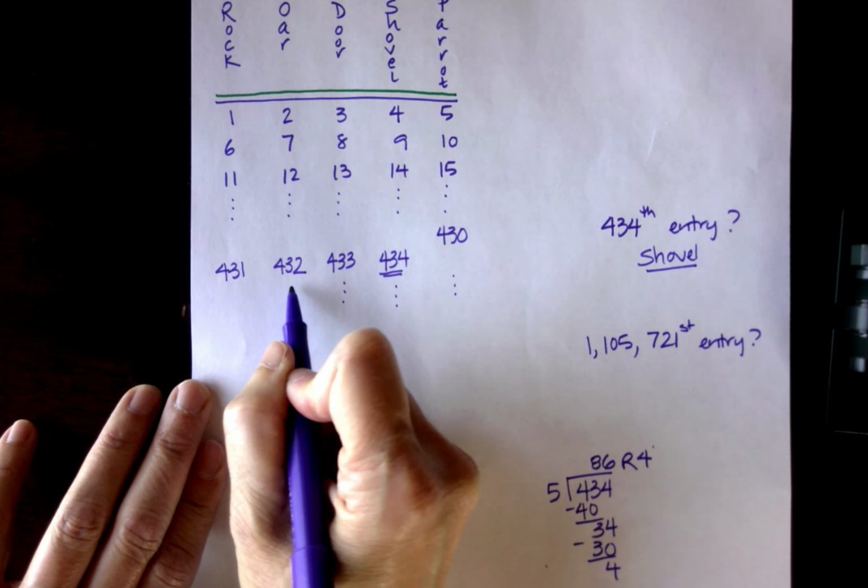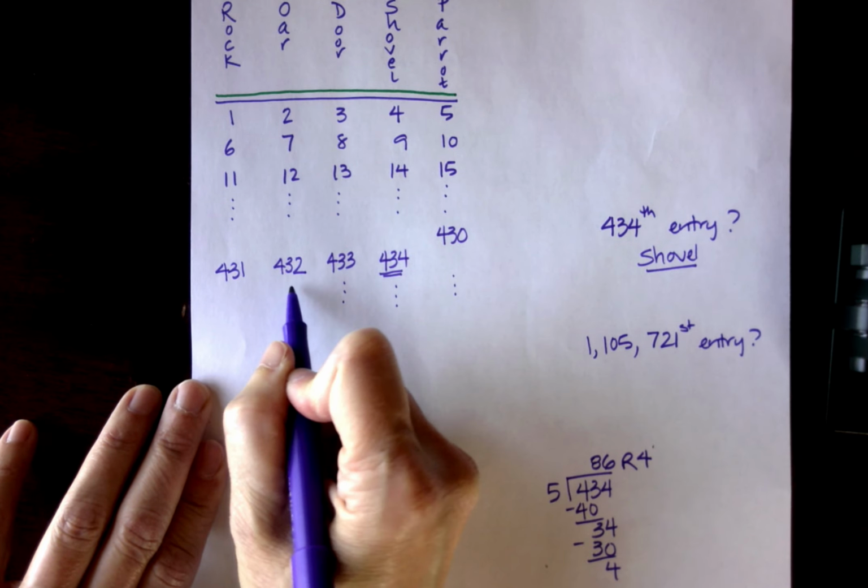This is very, very close to 1,105,720, which would be a perfect multiple of 5. And then to get to 1,105,721, we would just have to come over one more entry. So that means that that entry would have to be the rock.